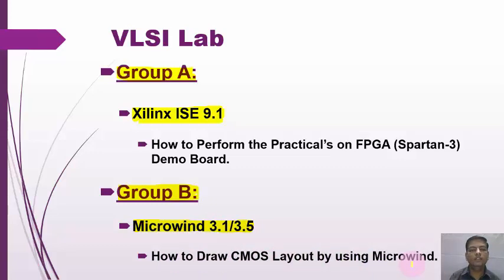So we have to study both groups: how to perform the practicals on the demo board in group A, and in group B how to draw the CMOS layout using Microwind. These are the two group practicals we are going to study. Out of these, we first start with the group B practicals, where we utilize Microwind 3.1 or 3.5 to draw the CMOS layout.